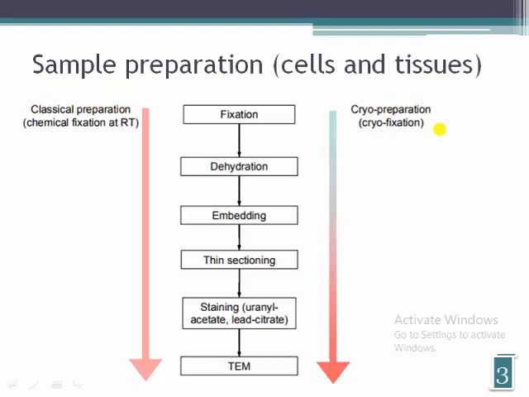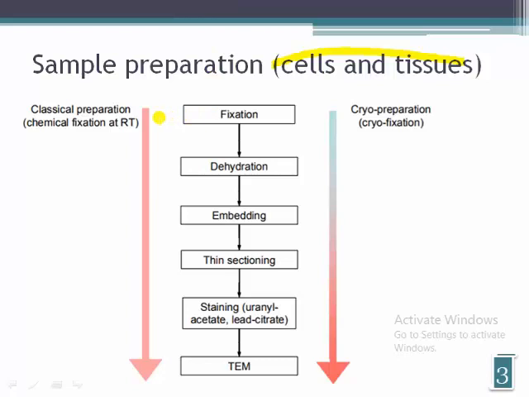Here we require a TEM grid. That's why we require a very thin sample. So your sample preparation is very important. This transmission electron microscope is generally used in biology. That's why we will discuss the sample preparation for cells and tissues. So we will see each and every step in detail.